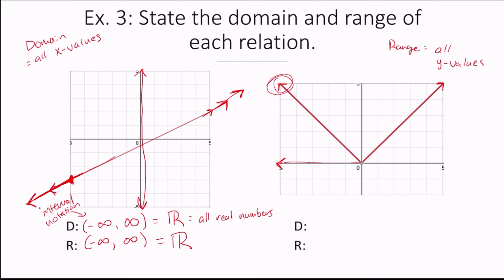So, negative infinity is our lower bound for the domain. And as we go to the right, it's going to keep going to the right forever and ever as well to positive infinity. So our domain is from negative infinity to positive infinity.